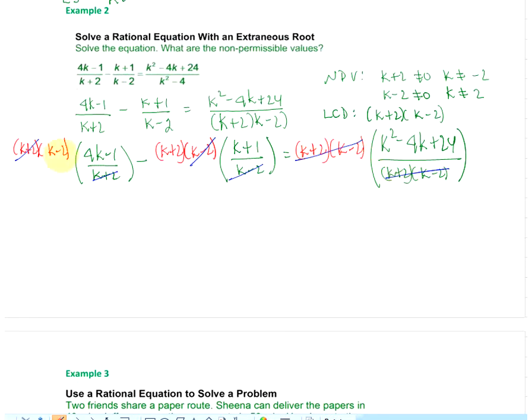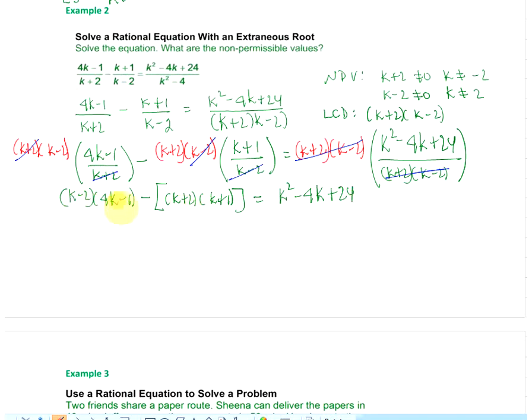Okay, so we now have, on the left, k minus 2 times 4k minus 1 minus, and we're going to put this in a square bracket because we want to minus the whole thing, and we have k plus 2 times k plus 1, and that's equal to k squared minus 4k plus 24. Okay, so we're going to FOIL on the left.